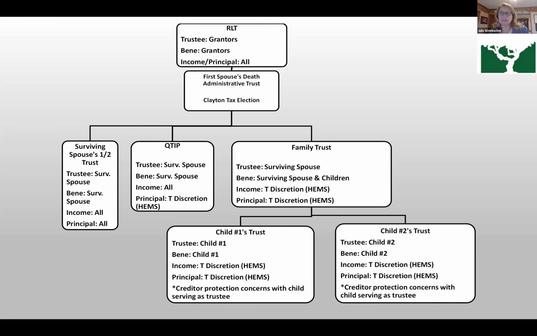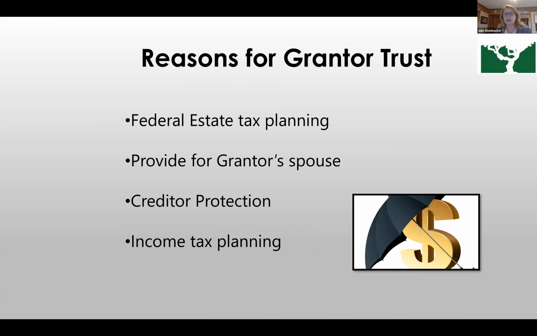Then you'll see the boxes at the bottom, child number 1 and child number 2, that's a trust for each of the children. Upon death, if there's money, I like to leave that money to the children in trust, even if they're their own trustees, because that gives them creditor protection and some protection from divorcing spouses. So again, just an example of a use of a grantor trust.